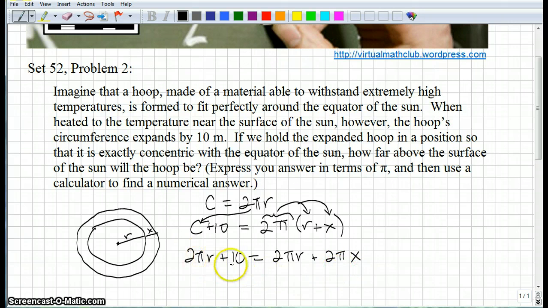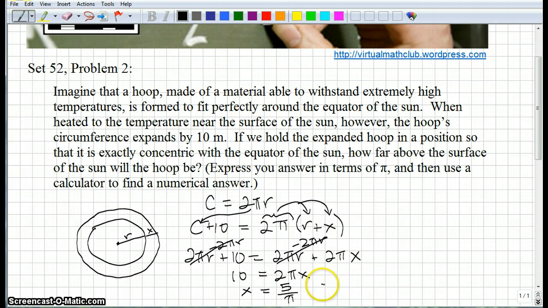The interesting thing is that if I subtract 2 pi r from both sides, they go away, right? 2 pi r minus 2 pi r is 0. So I end up getting 10 is equal to 2 pi x. So x has to be equal to 10 over 2 pi, or I can write it as 5 over pi.